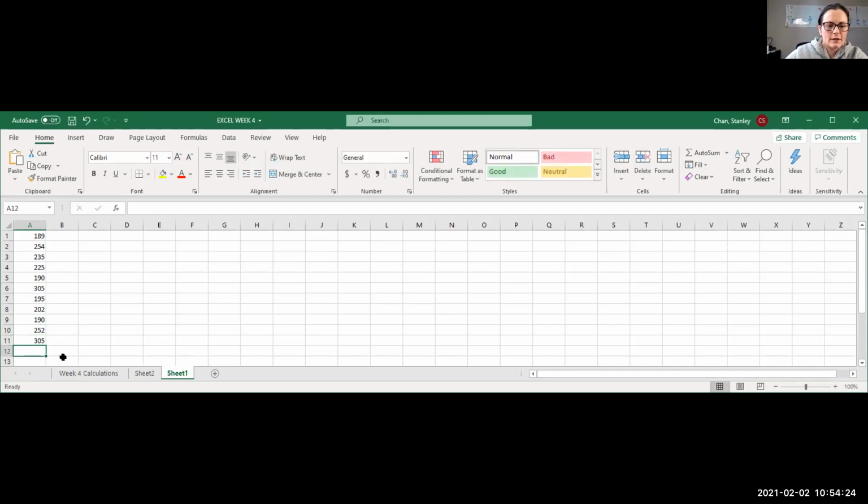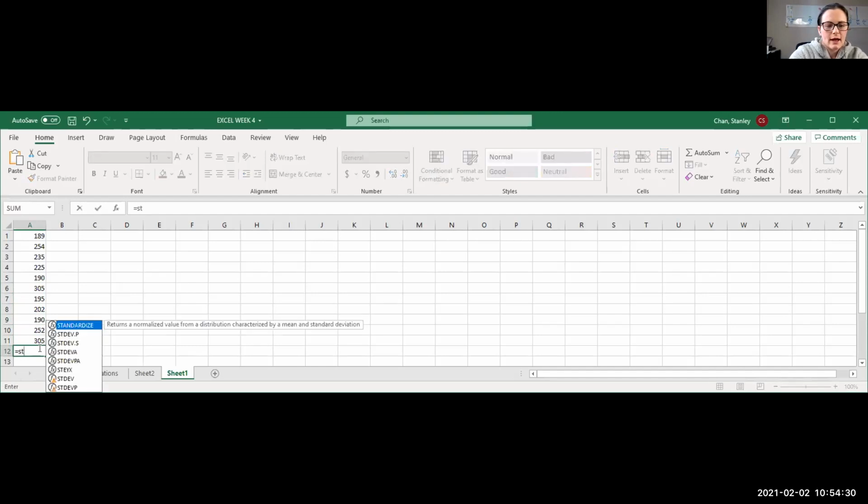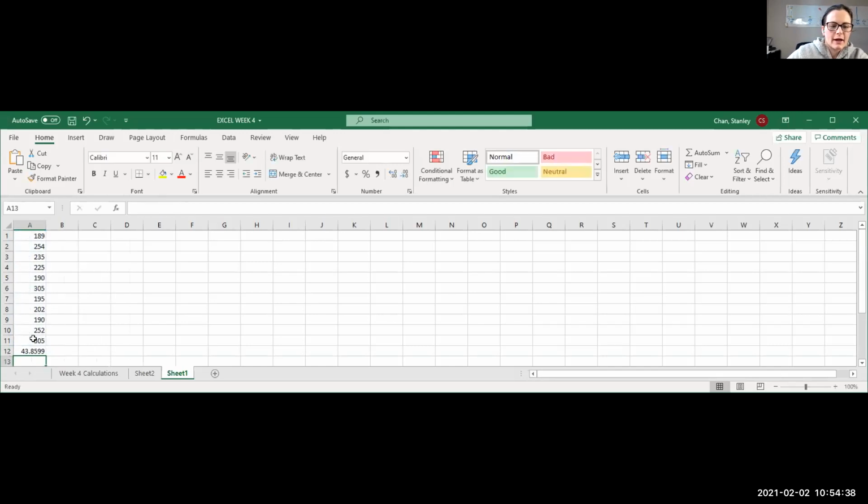And in order to calculate the standard deviation, it's important to know the formula. The formula is equal to STDEV, open bracket, and then you select all the information that you'd like calculated. This is much faster than doing it by hand. And the standard deviation is equal to 43.86.